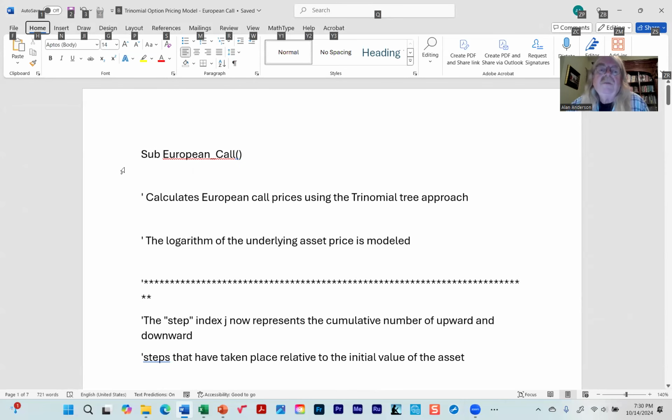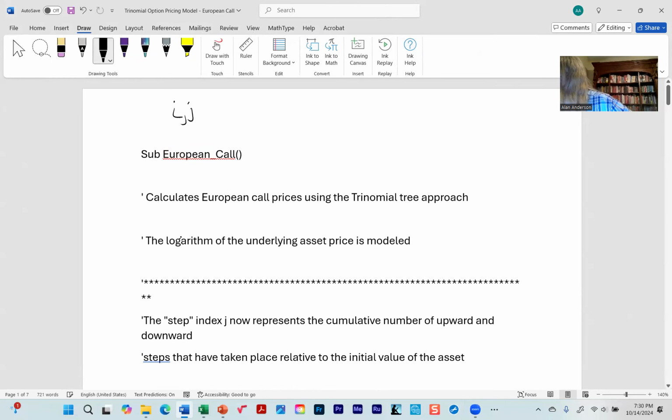Let's just quickly take a step back here. We remind ourselves that we have two indexes, i and j. i is time. j is the level reached by the asset price.